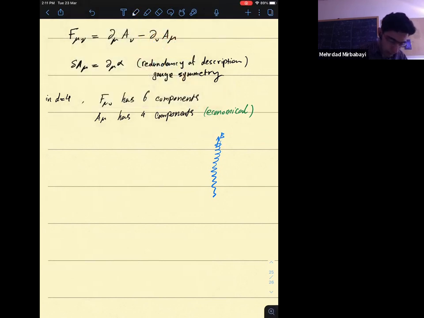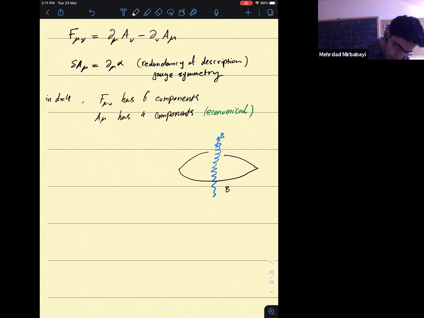that if the wave function of the electron can go around this solenoid, then it will feel the existence of this magnetic flux.